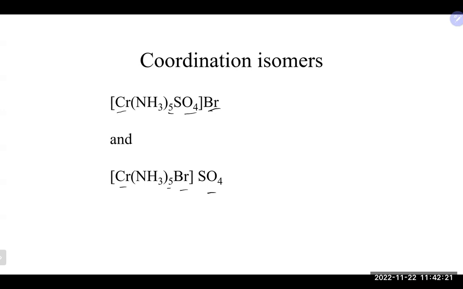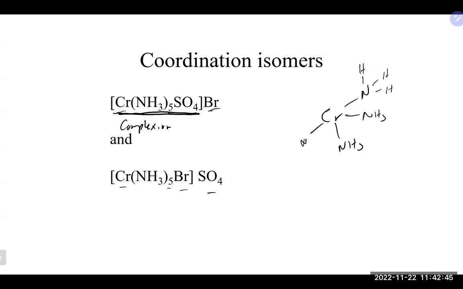For example, in this particular case, right about there is our complex ion, which means if we roughly sketch the complex ion, we have a chromium in the middle, 5 of these NH3s attached, I won't draw them all out, one, two, three, four, 5. And we also have a sulfate that is attached here.